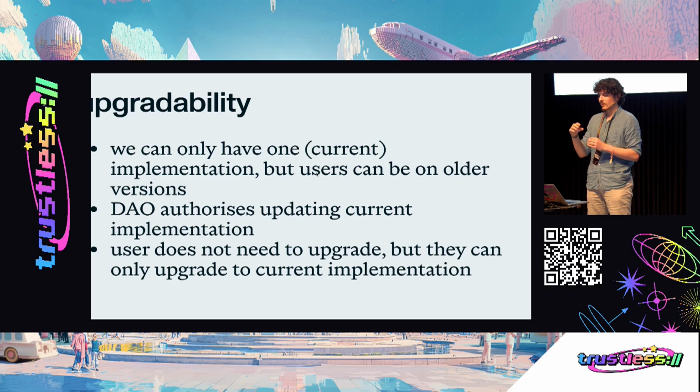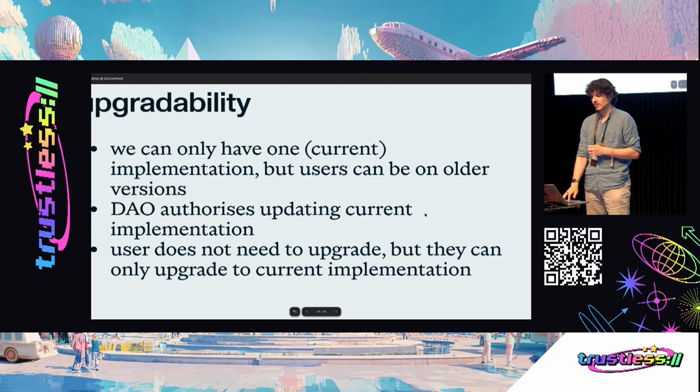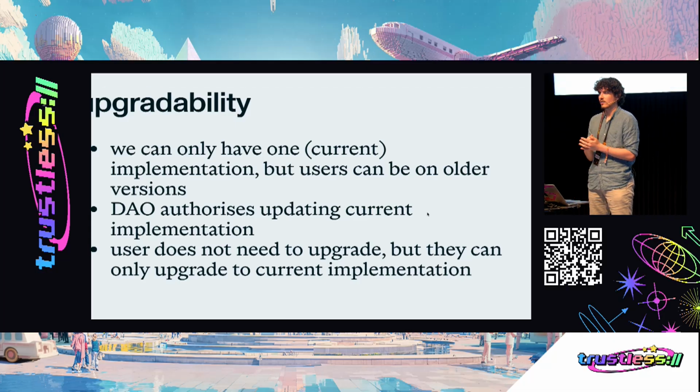And the DAO is the only authority that can authorize updating the current implementation to newer versions. The reason we have to have one specific version is, again, because of safety. We don't want a user to be able to assign arbitrary full access to the ENS protocol on behalf of their account, because like before, it's similar in scope to 7702.